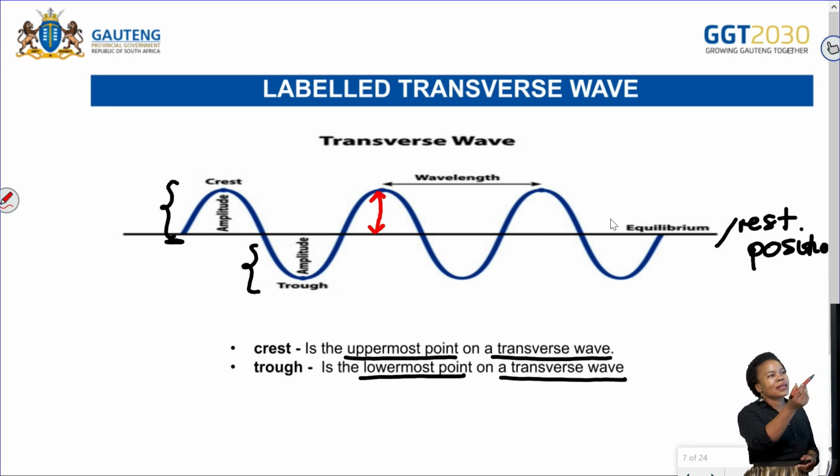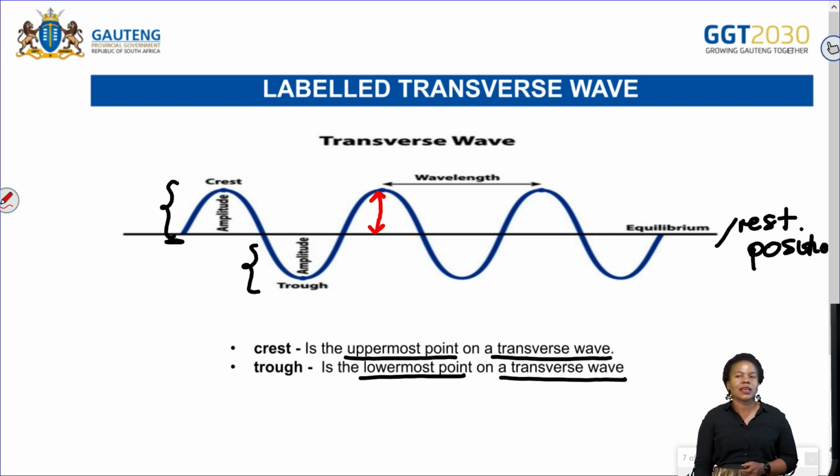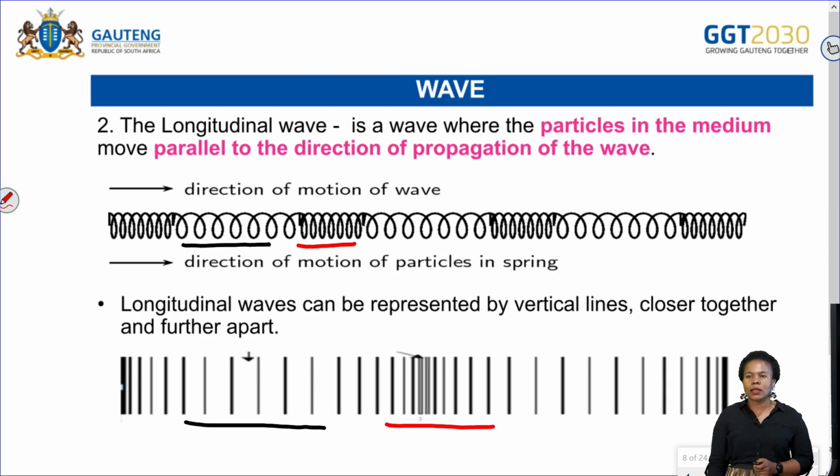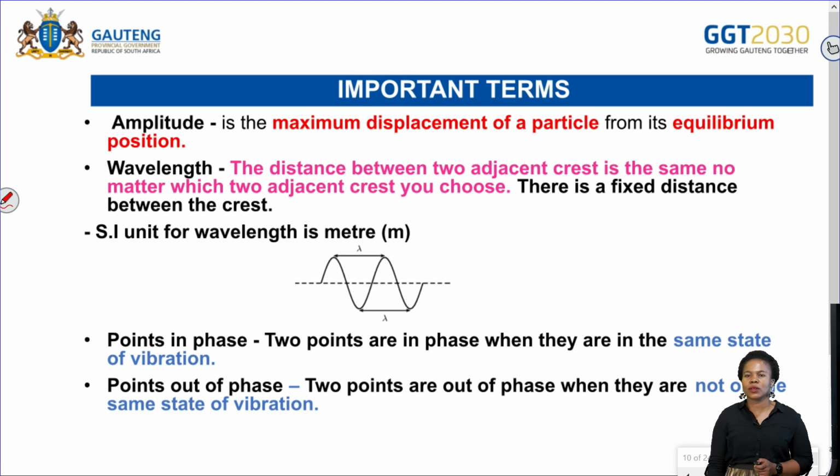It is the maximum displacement from the rest position. Remember, we said it is there in a trough, and there it is in a crest, right? Okay, we've covered this one together.